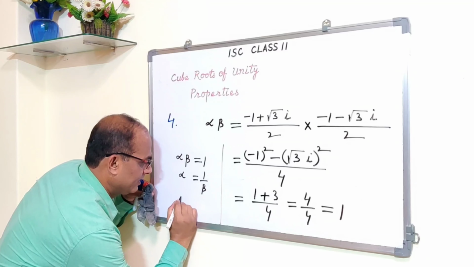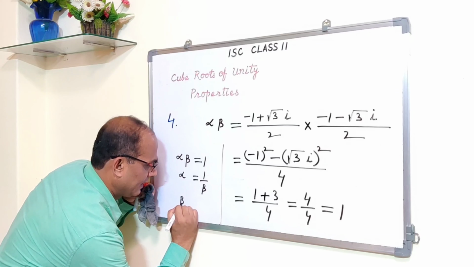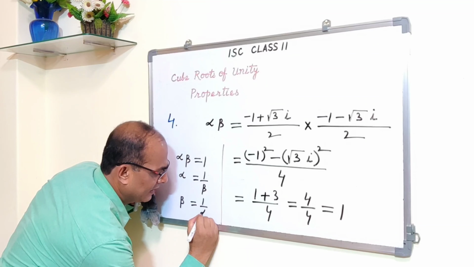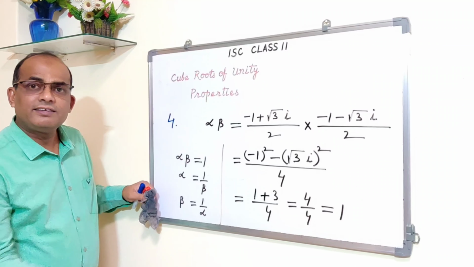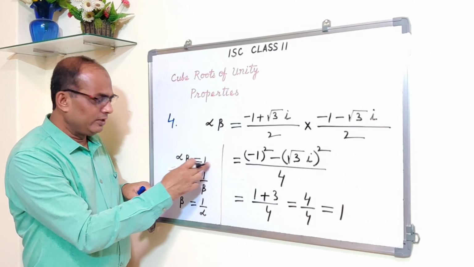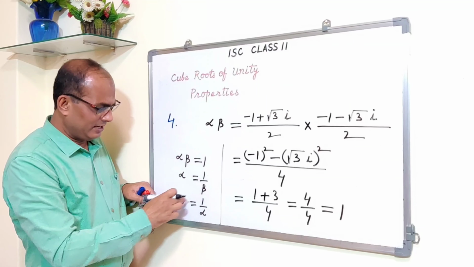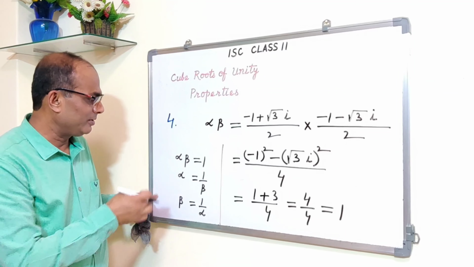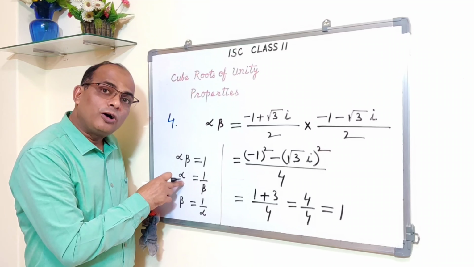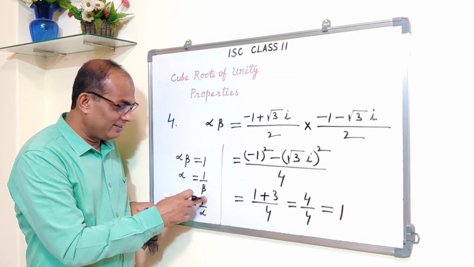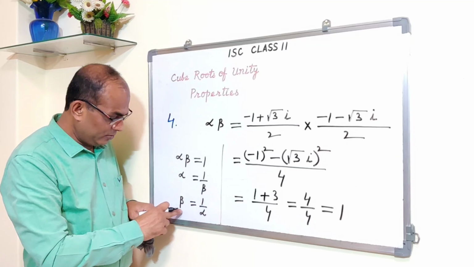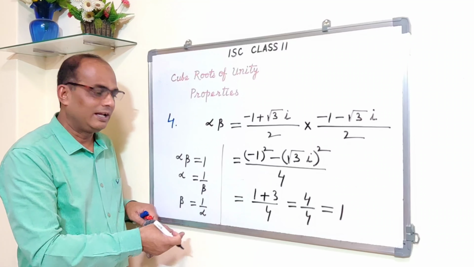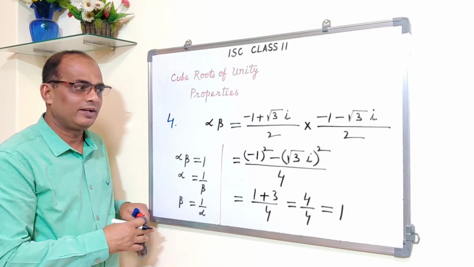And this is the result: alpha into beta is equal to 1. So you can write alpha is equal to 1 over beta, or beta is equal to 1 over alpha. And this is the property. The property says that each complex cube root of unity is the reciprocal of the other. 1 upon alpha is equal to beta. 1 upon beta is equal to alpha.